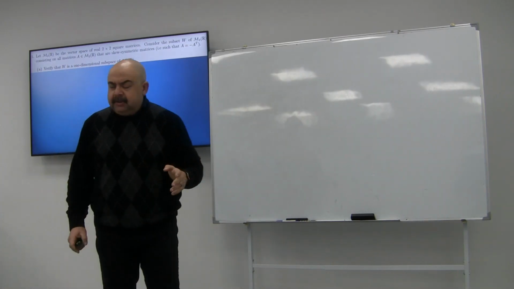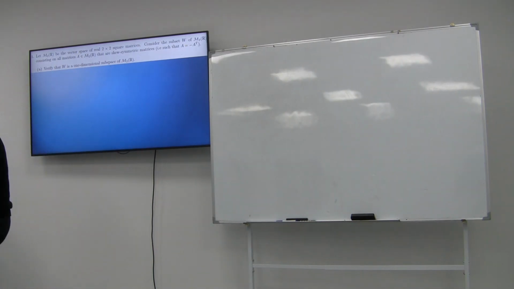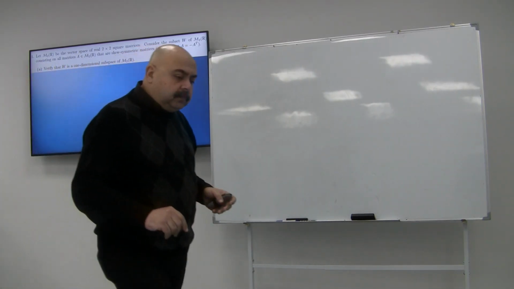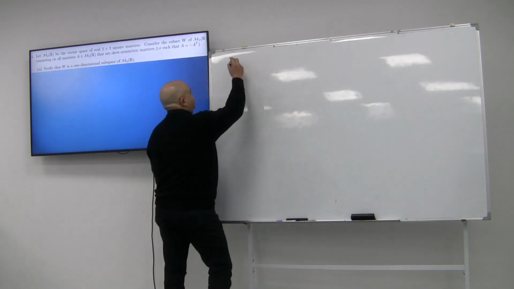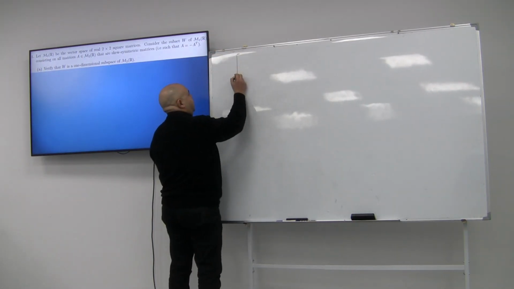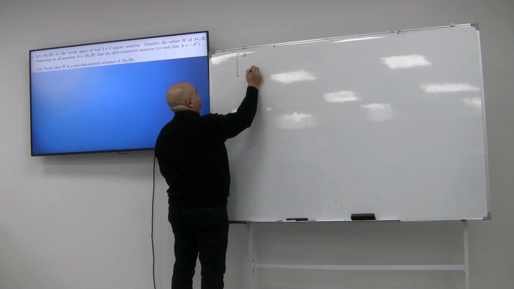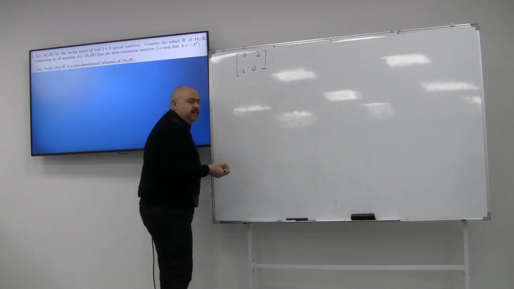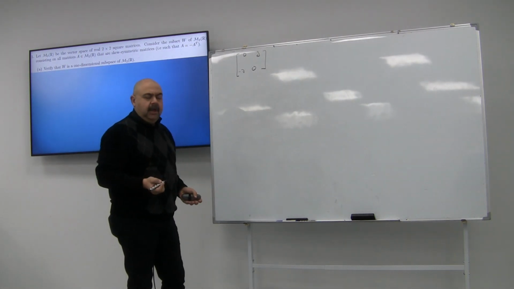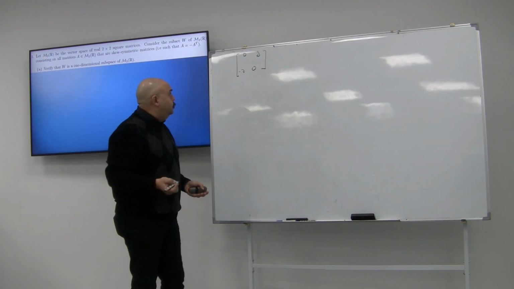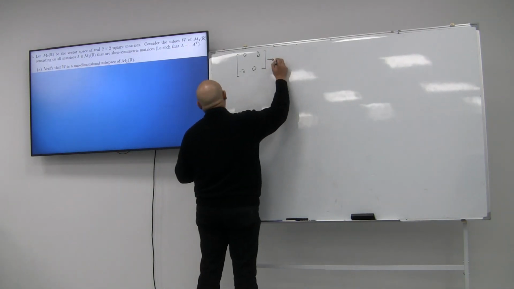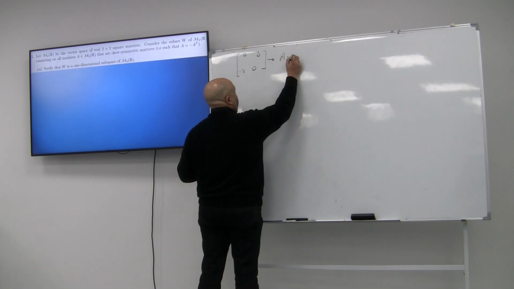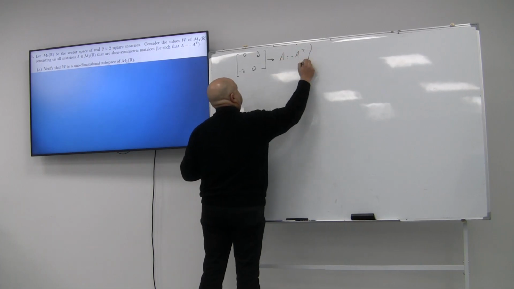Skew symmetric matrices are a class of matrices where there is a simplest form for 2 by 2. Let's take an example: 0, a, negative a, 0. That's a common example of a skew symmetric 2 by 2 matrix. What marks these matrices is that A equals negative A transpose.